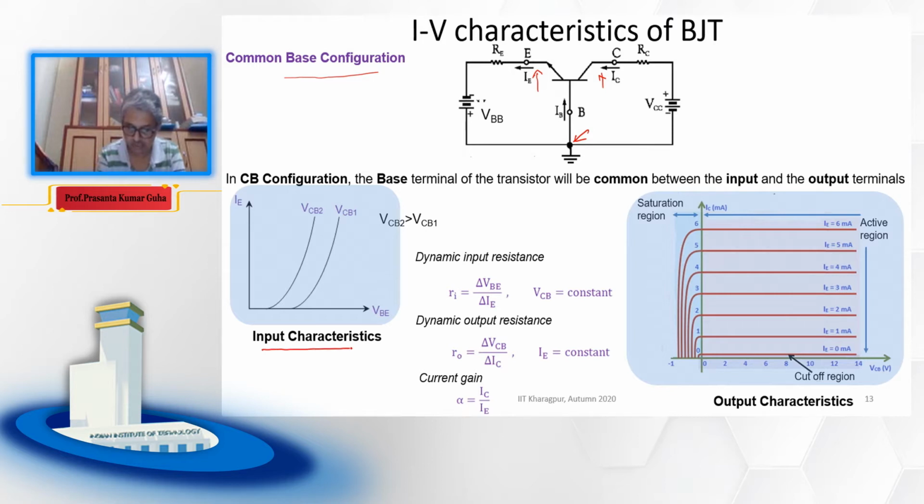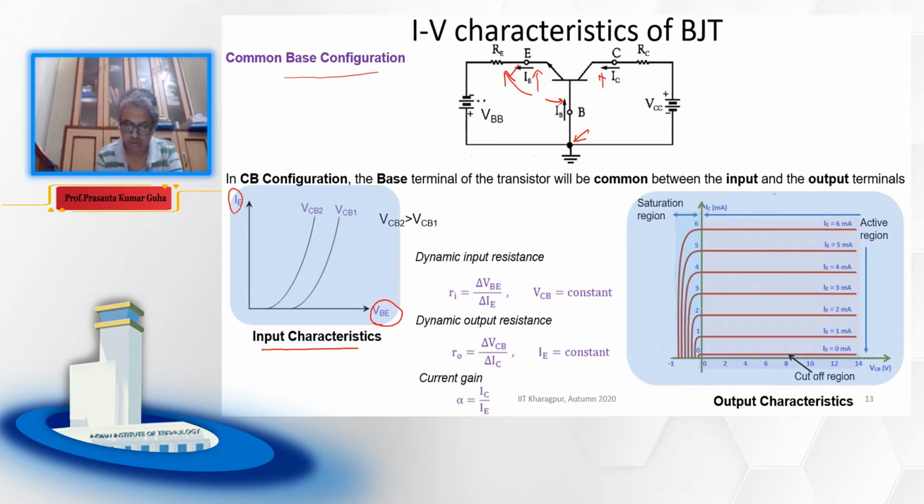One was input characteristics, which is nothing but a plot between input current, that is IE, and input voltage VBE. If we plot that, we will get an exponential plot between current and voltage, because it is nothing but a forward bias PN junction.